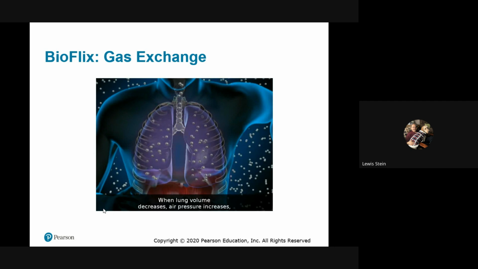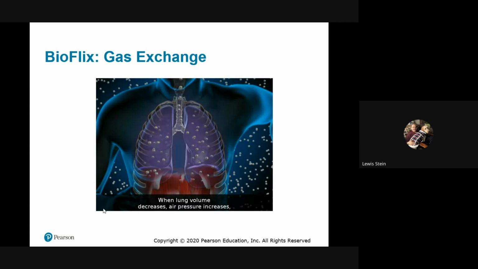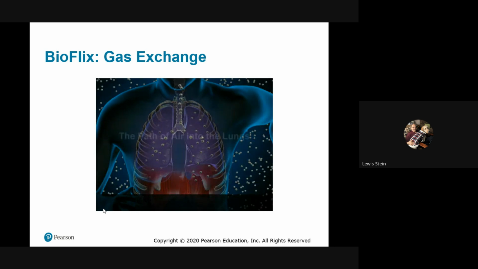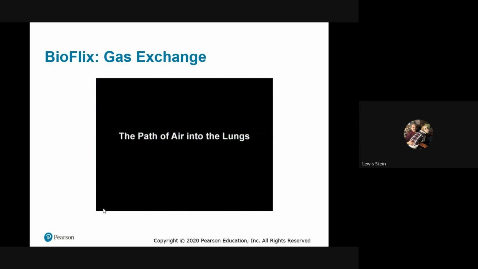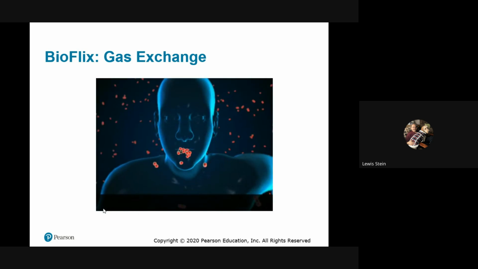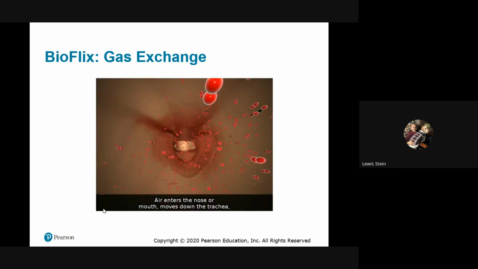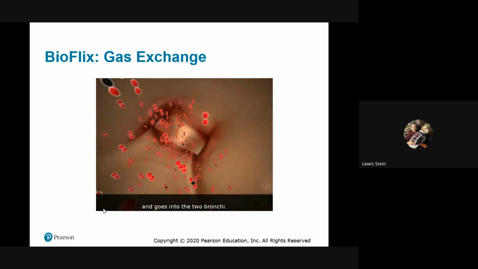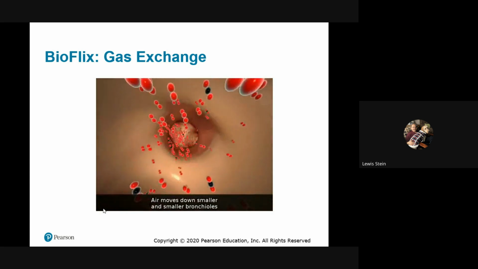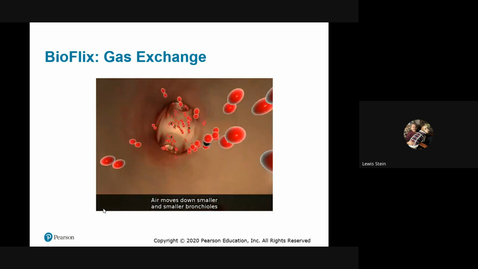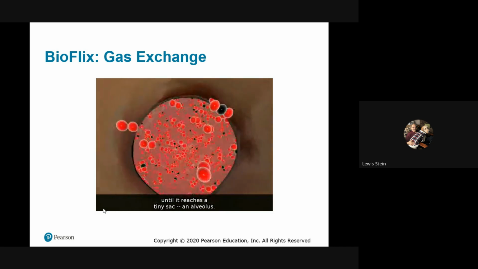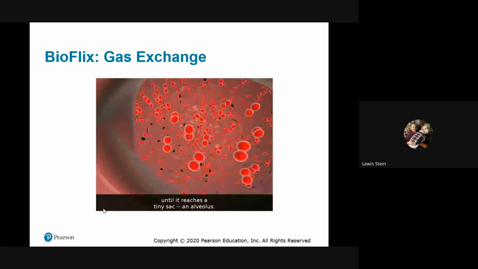When lung volume decreases, air pressure increases, causing air to flow out of the lungs. Air enters the nose or mouth, moves down the trachea, and goes into the 2 bronchi. Air moves down smaller and smaller bronchioles until it reaches a tiny sac, an alveolus.